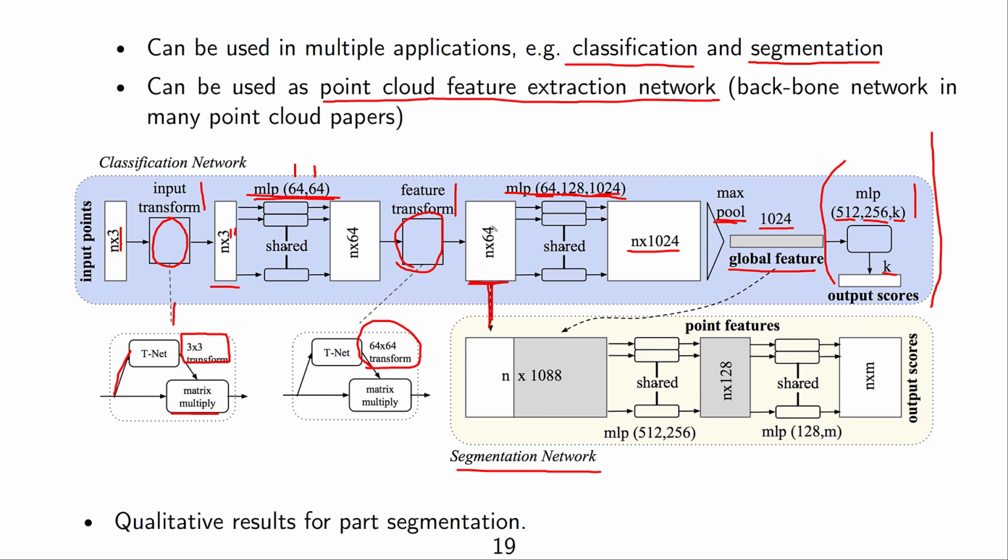And we append these 64 dimensional features for each point with the global feature. So now each point has 1088 dimensional features attached to it, but each point has a unique 64 dimensional feature that comes from the purple part above, so that comes from here, and then it has a shared global feature that comes from here.